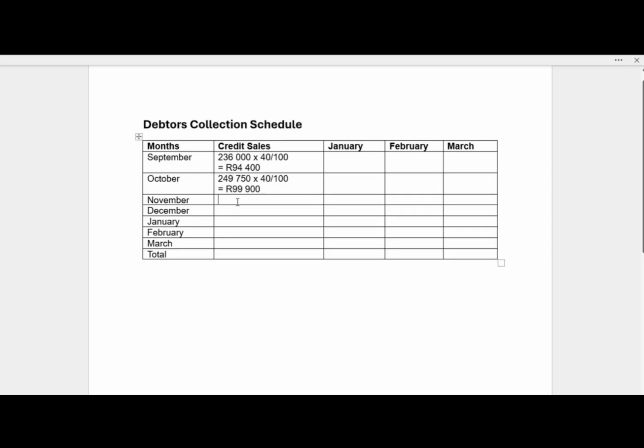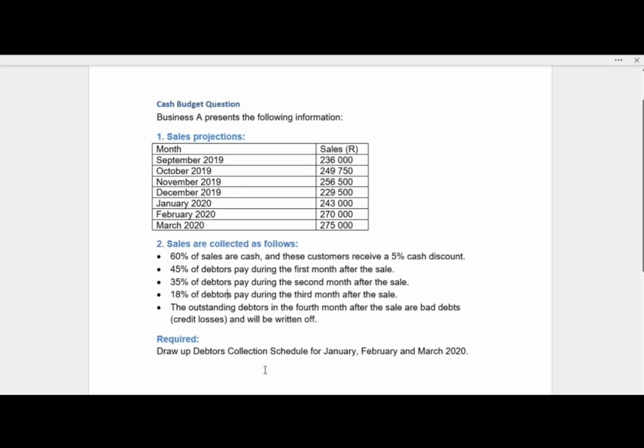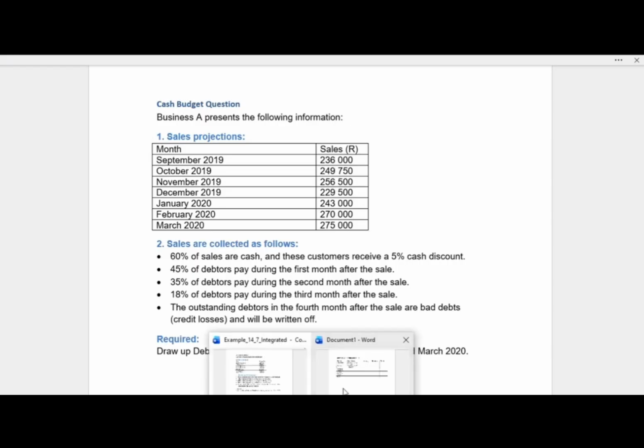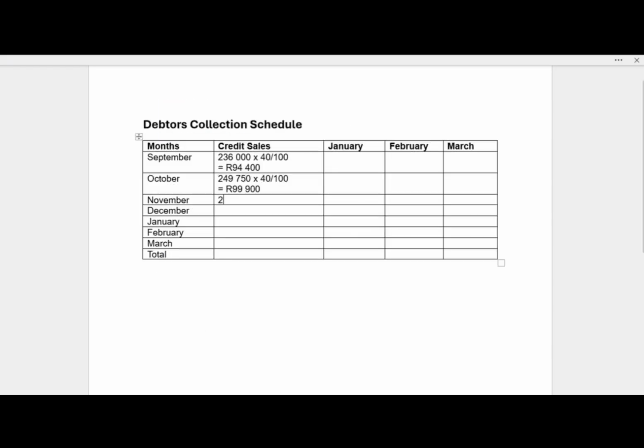And then we go and calculate credit sales for November. Total sales of 256,500. I multiply by 40, I divide by 100.